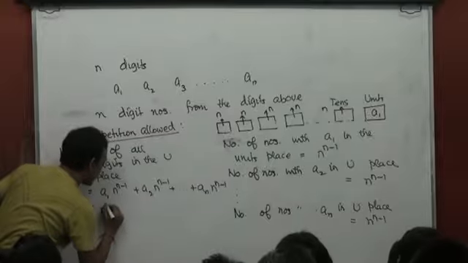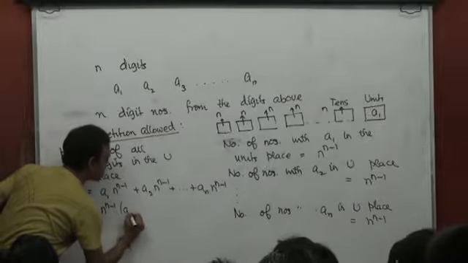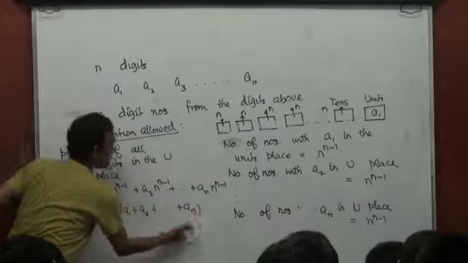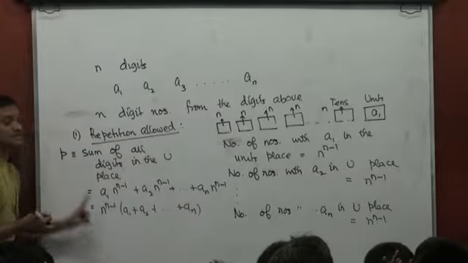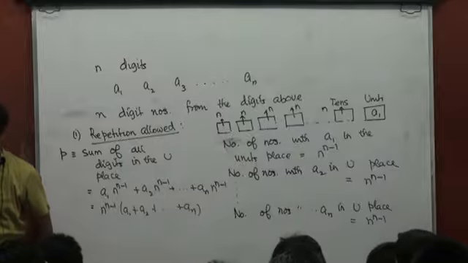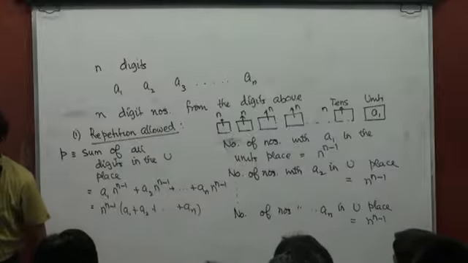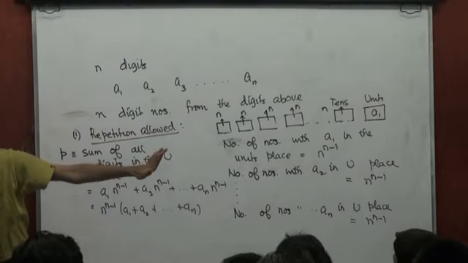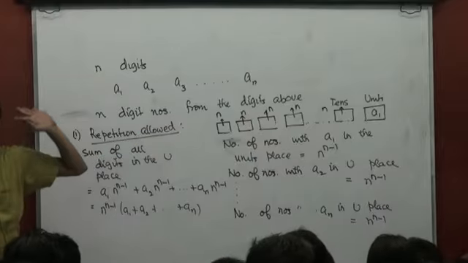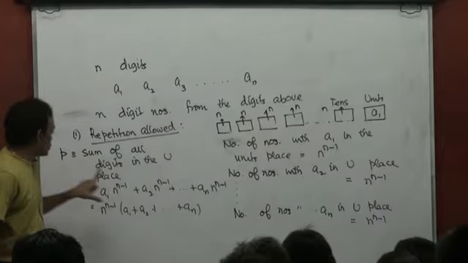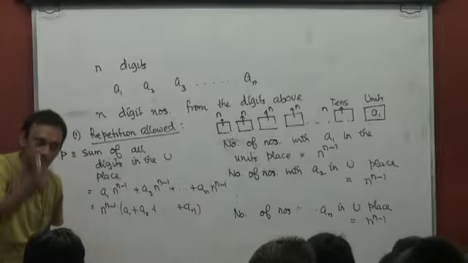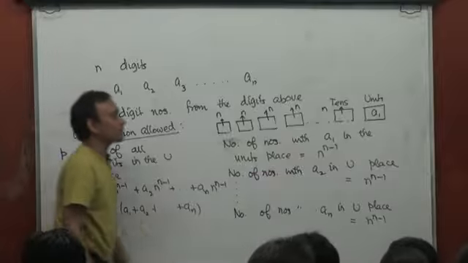So which is n to the power n minus 1 into (A1 plus A2 plus An). P is the sum of all the digits in the units place of all the numbers that are produced with repetition allowed. Clear? No confusion. So P we now have in place, the sum of all the units places, right?